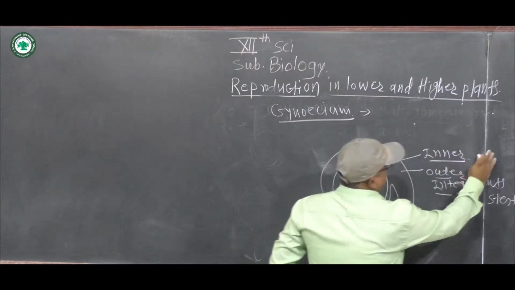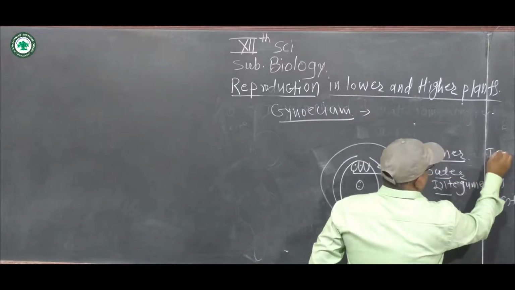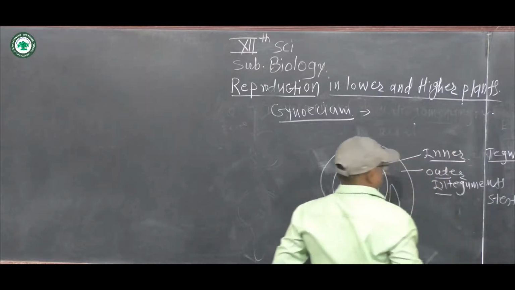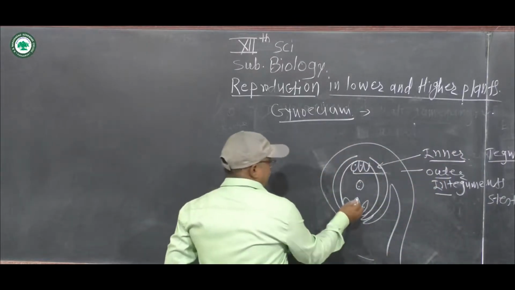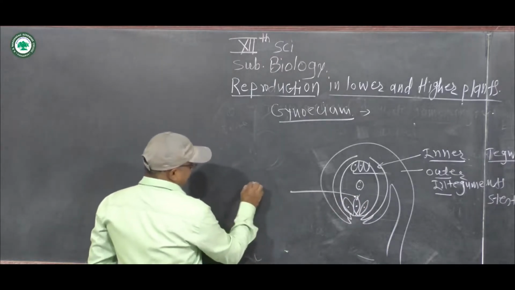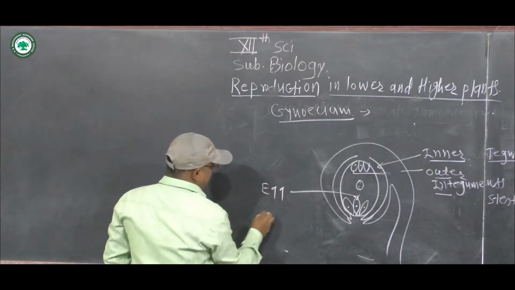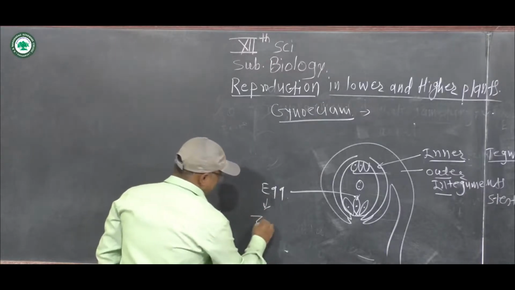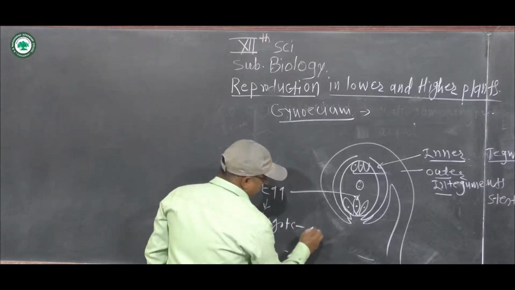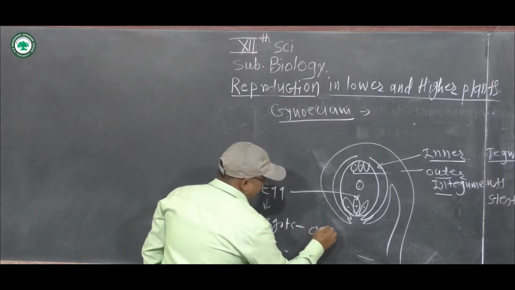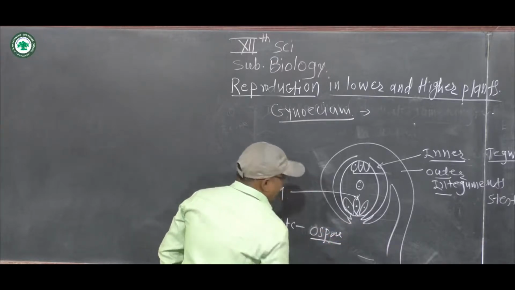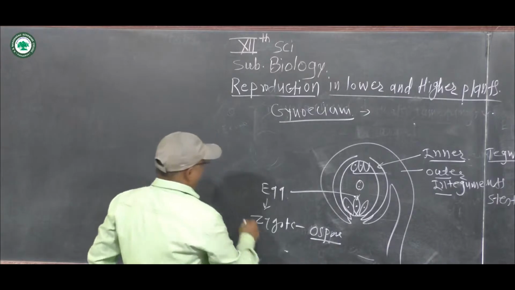From inner integuments the tegmen is developed. Here egg after fertilization, from the egg zygote, and from the zygote, that is oospore, from the oospore, that is embryo.